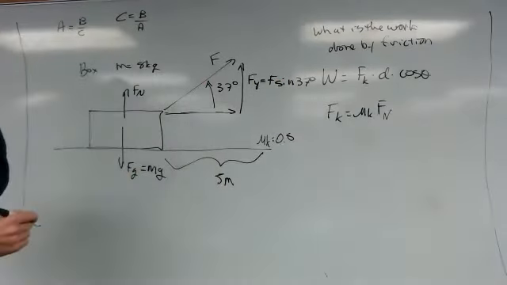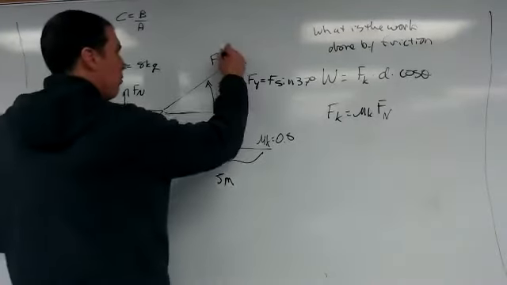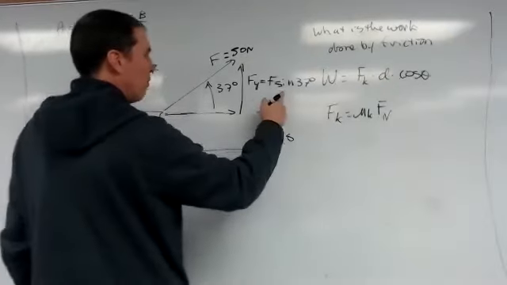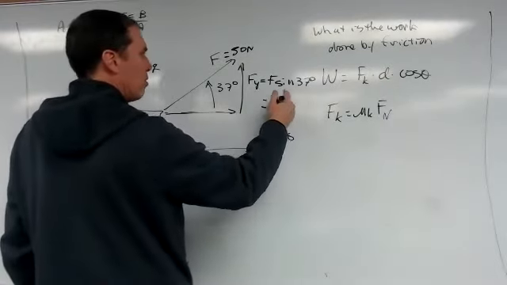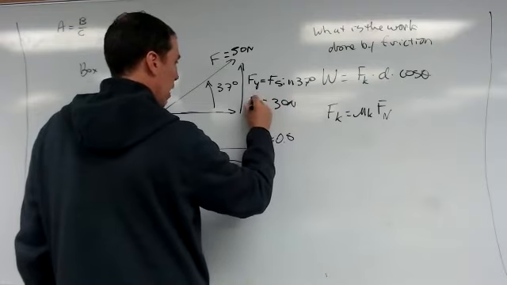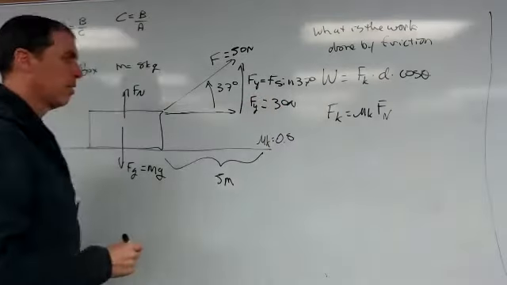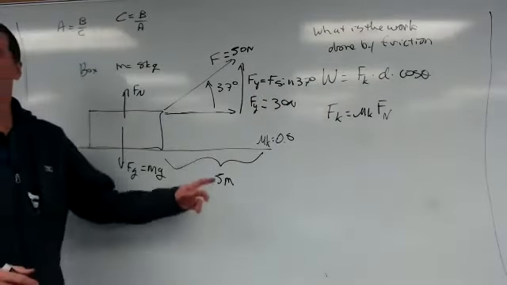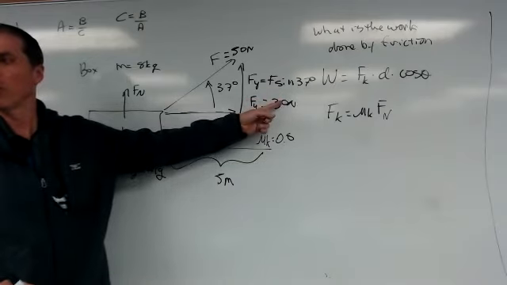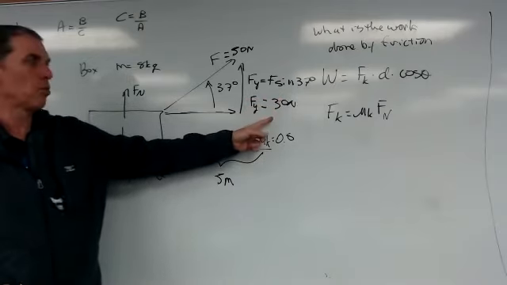Did they tell us what the F was? 50. So this is 50 newtons. And so I'm guessing 50 newtons times the sine of 37 is probably 30 newtons, because I don't pick those numbers by accident, usually. The sine of 37 is probably 0.6 or close to it. And so that's probably 30.